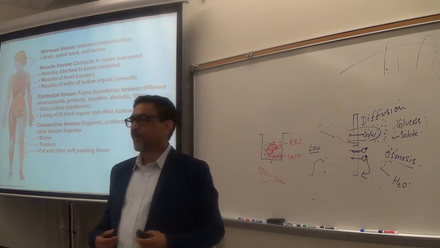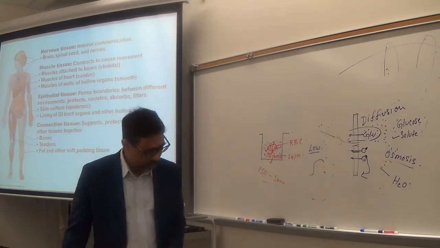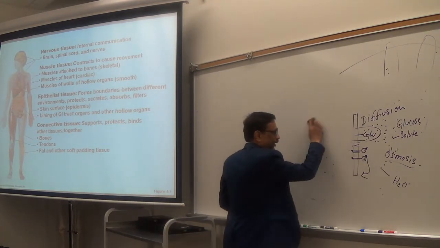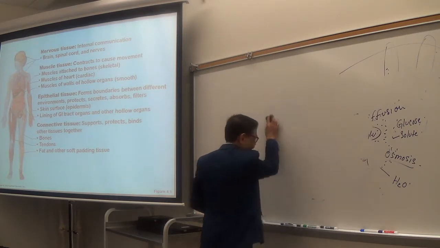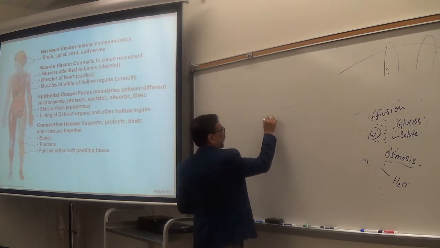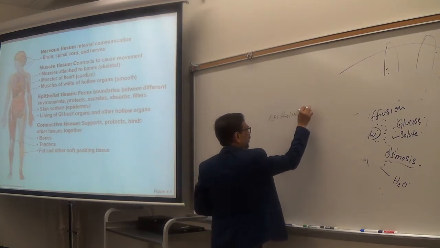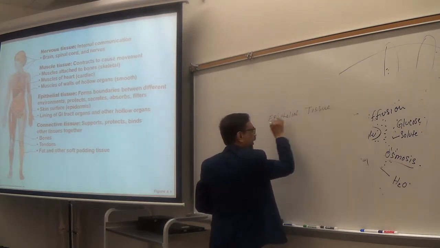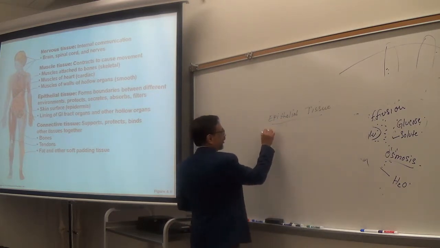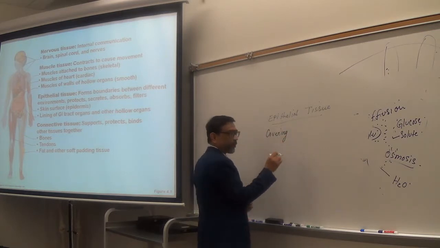In general, where you will find those different types of tissues. First, the epithelial tissue, where you will find it: in the covering of the body.